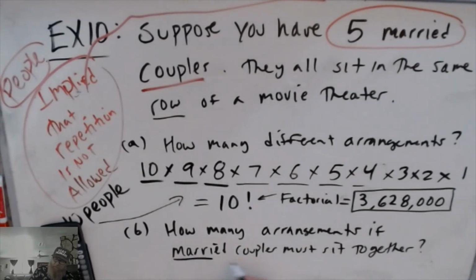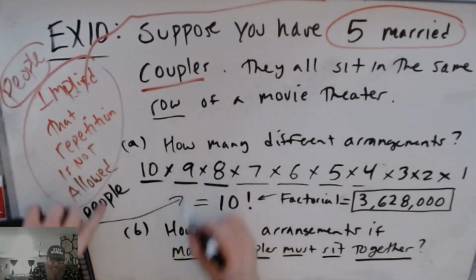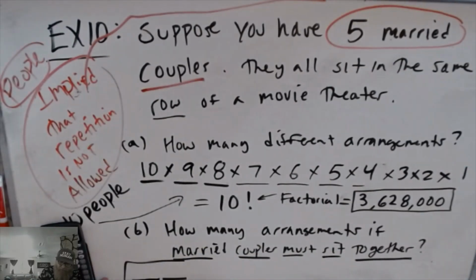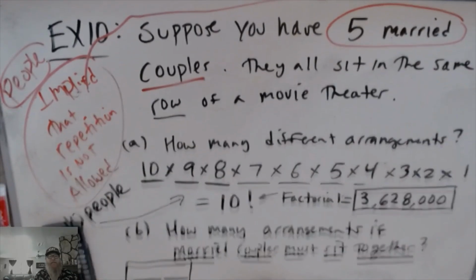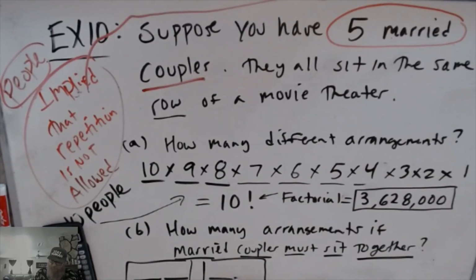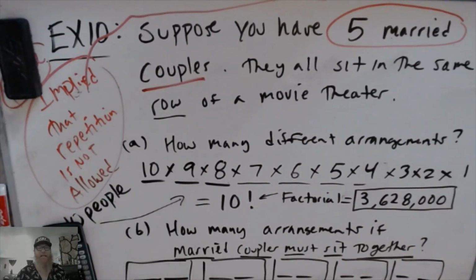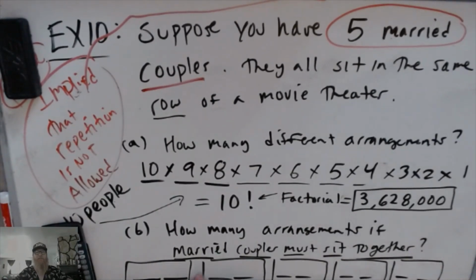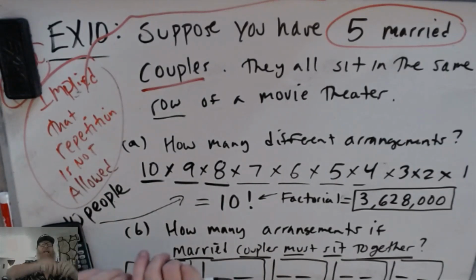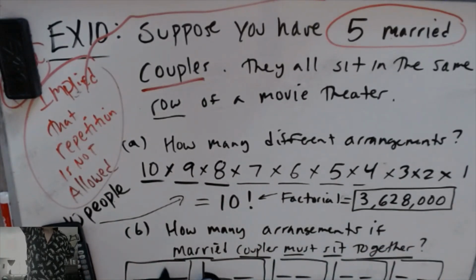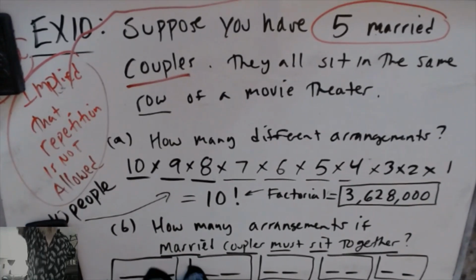Now, if married couples must sit together, that's like taking 2 seats and bundling them together and saying, oh, you have to sit with your spouse.